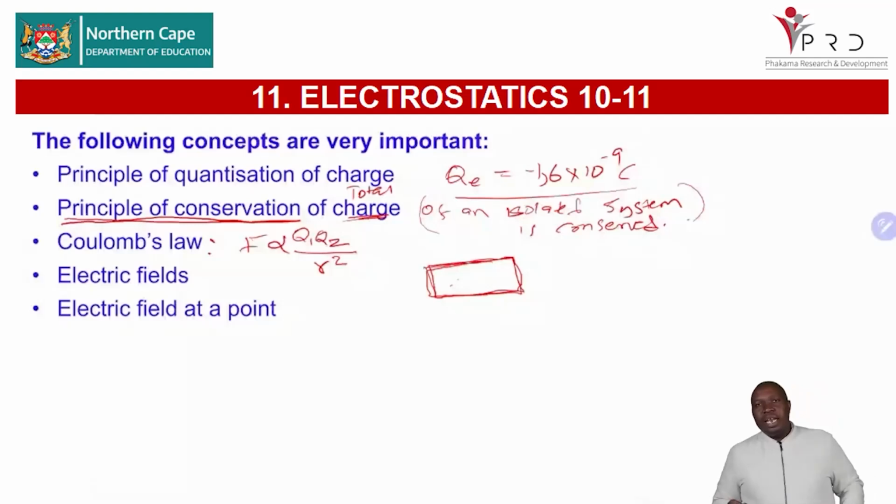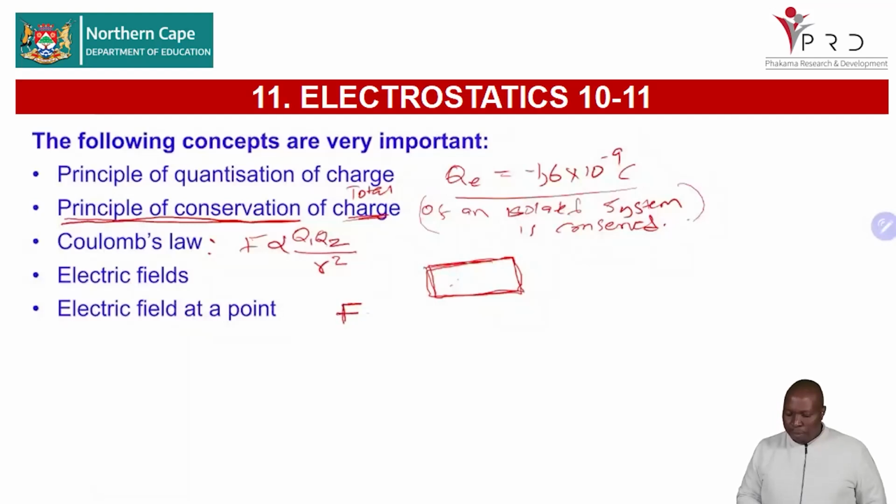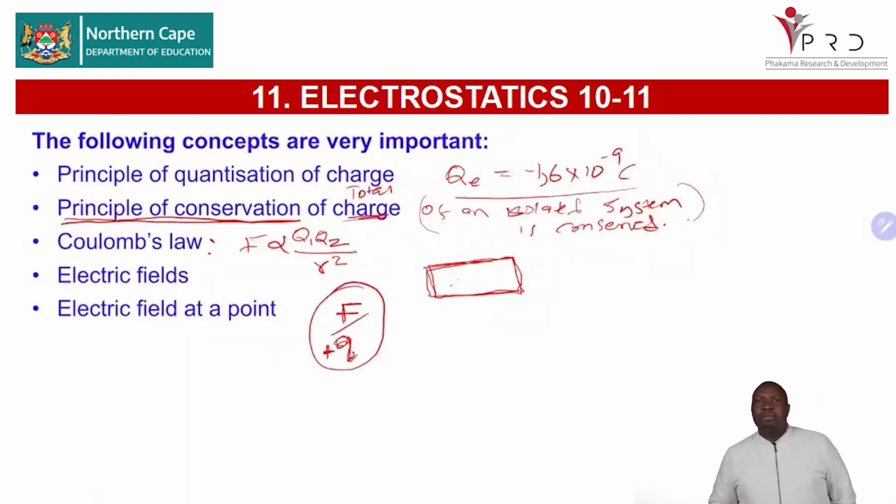And then electric field at a point. We said it is the force experienced per unit positive charge placed on that point. Don't forget per unit positive charge placed on that point. So you are armed with all this information as you go to solve the problems.